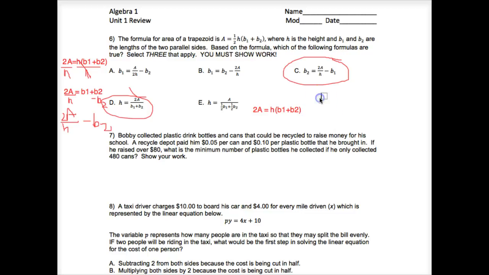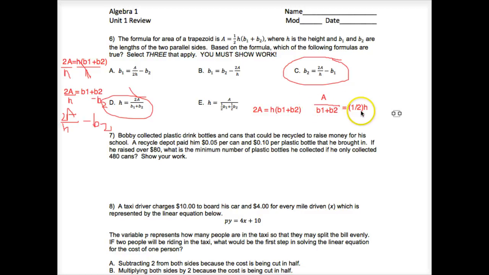It would have a in the numerator, and then b1 plus b2 in the denominator, and that would be equal to the 1/2 times h. I don't know why I typed plus instead of equals. There we go. So this is also a correct first step.